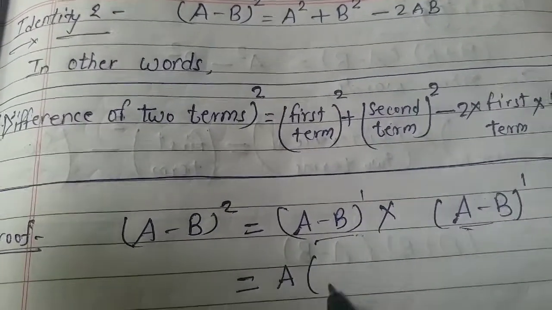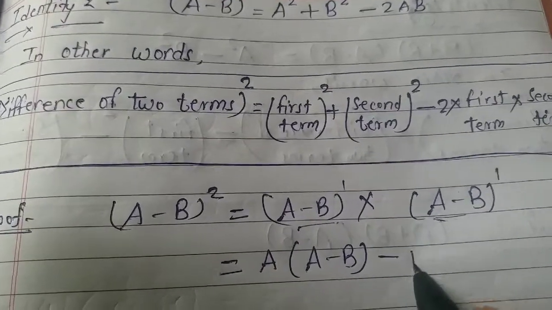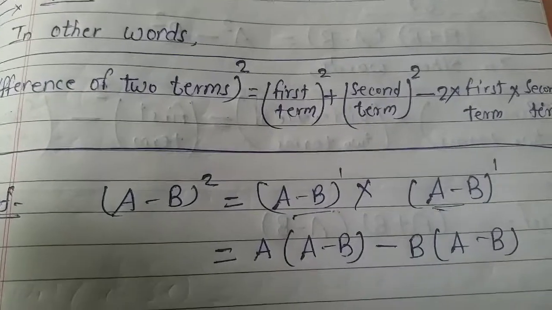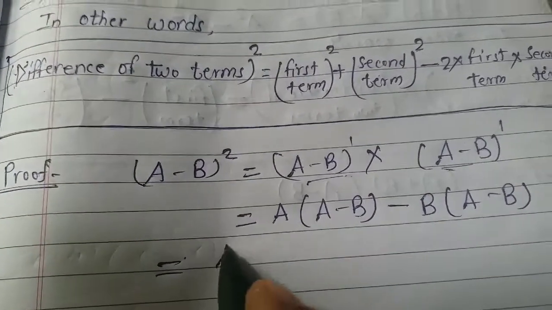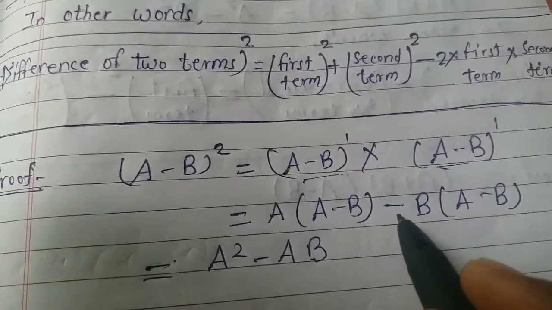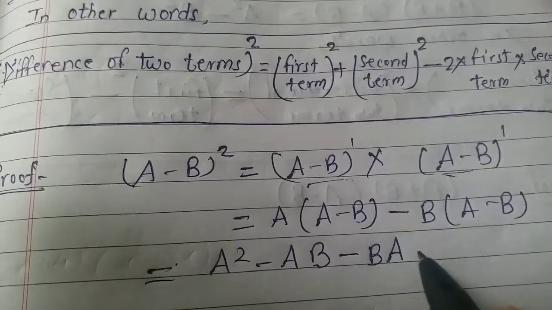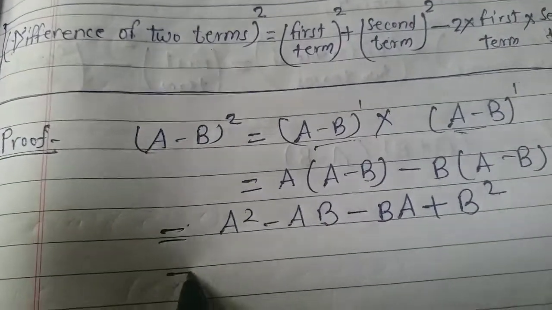First take a, and the second binomial is again copied as it is, (a - b). Multiplying a by (a - b) gives a squared minus ab. Again, minus b multiplied by (a - b) becomes minus ba plus b squared.